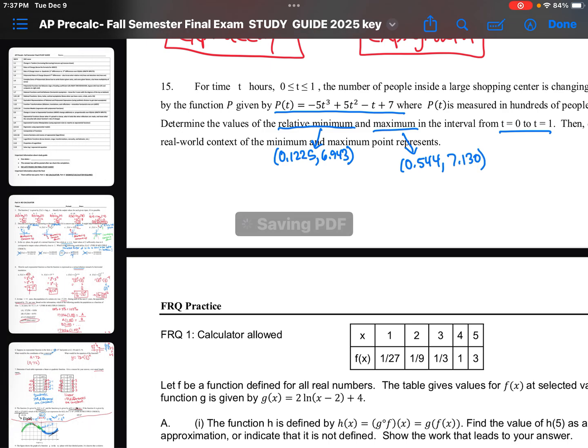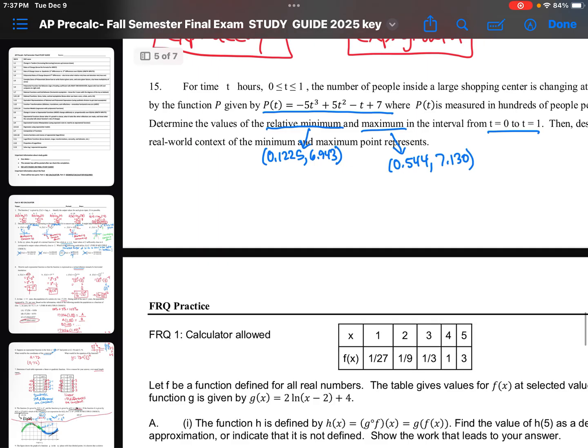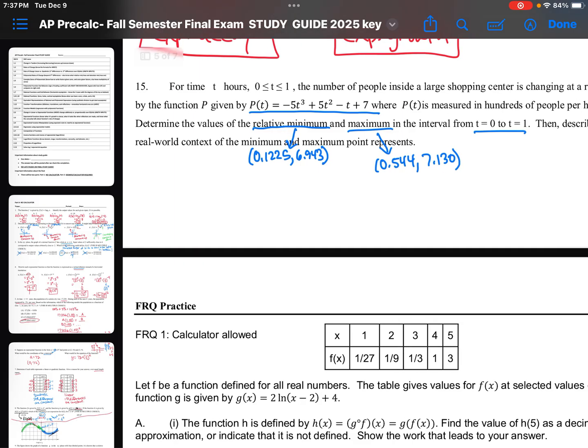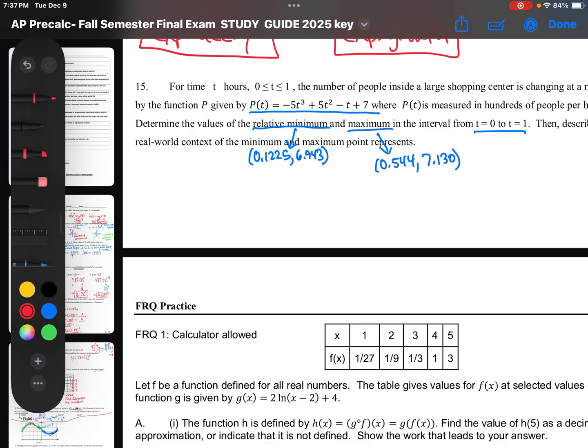That is true. All right, so now we have this, and we want to determine what these mean in the real-world context, okay? So this means that at time 0.1225 hours, we had a minimum value of 6.943 hundred. I think it was hundreds, right? Yep, hundreds.